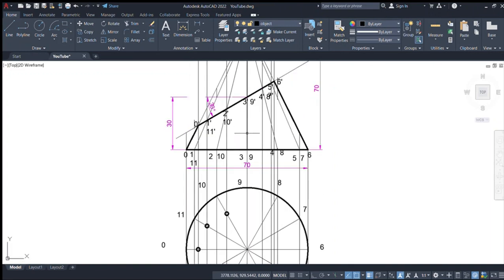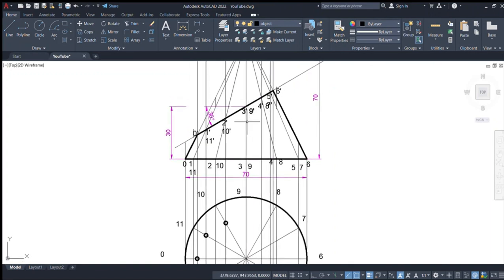So now when you come to point 3, this 3 is the center line, goes just straight. So what we do in point 3, we draw a horizontal line from here to the slanting length.